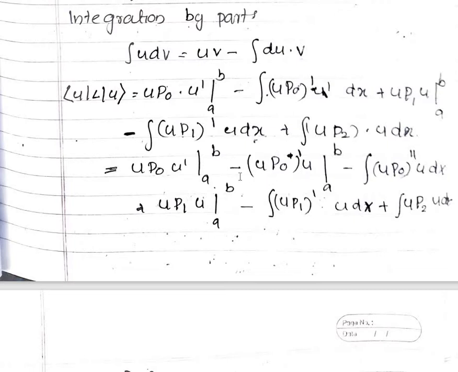So there is a minus sign common here. So the second term and the last term will cancel. Here u p0 u dash between the limit a and b. Here also minus. The second term is u dash p0 term, which will also come after differentiating this equation. So that will cancel and only one term exists here.